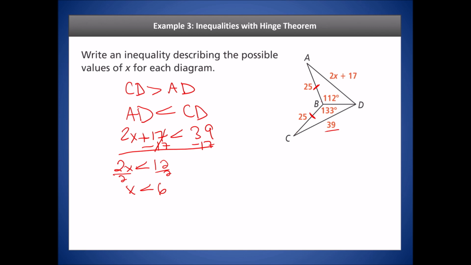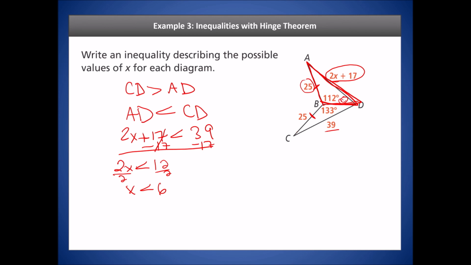If we're looking at this particular triangle right here, we know that by the triangle inequality theorem, there's a limit to how large this side can be. The triangle inequality theorem states that if I add two sides in a given triangle, the sum should be greater than the third side.